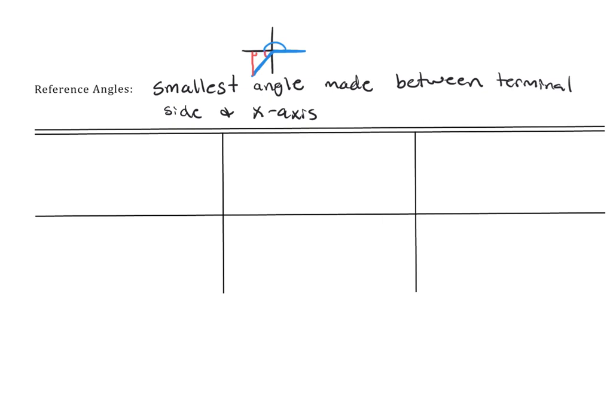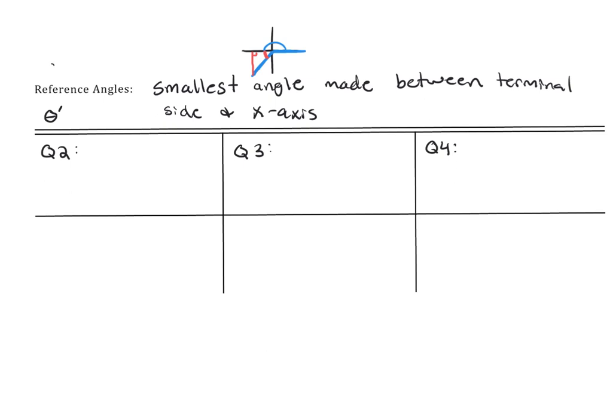And then the reference angle is just, what is this angle right there? We're going back to that idea of angles inside a right triangle. How you find reference angles is different depending on which quadrant you are in. And a reference angle can be noted as theta prime.